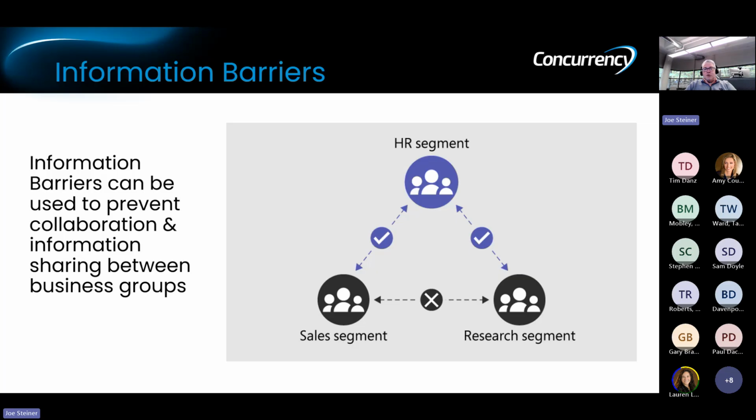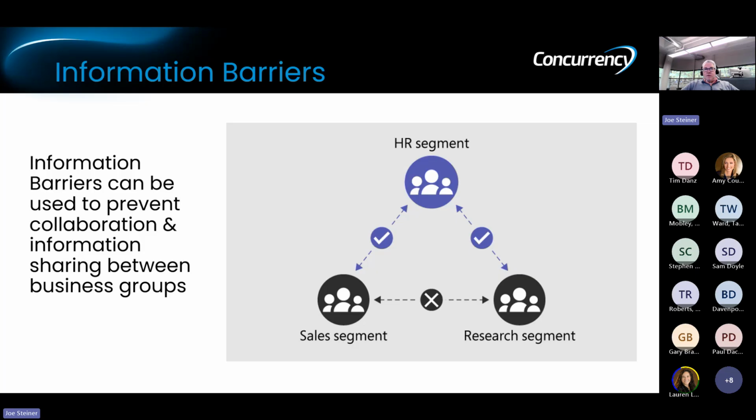Information barriers, again, one of those tools that can help, where here we see just within an organization, but this could be different companies where I have these divisions that are moving off now. Some of them can access each other, some can't. And we'll see this frequently in M&A activity where this division's going, this one isn't. So I'm going to allow for this one to talk to these, but they can no longer talk to each other because they're now separated.